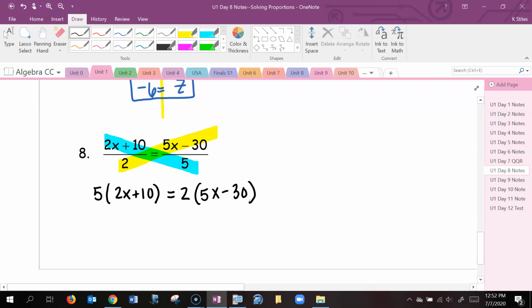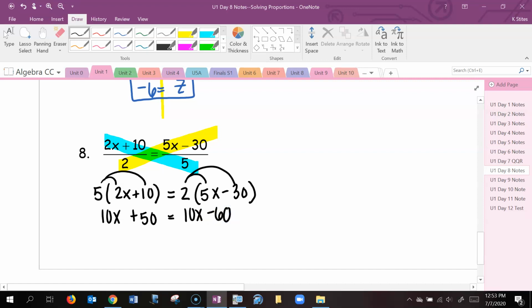Okay, we got another double distribute. 5 times 2x is 10x plus 50 equals 10x. 2 times -30 is -60.